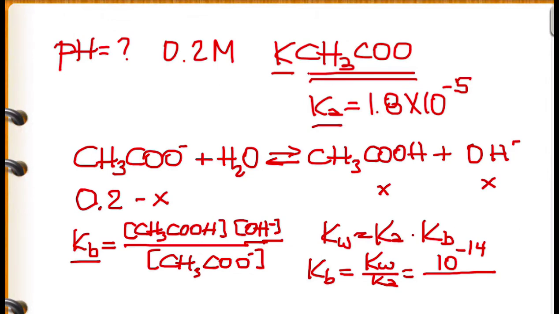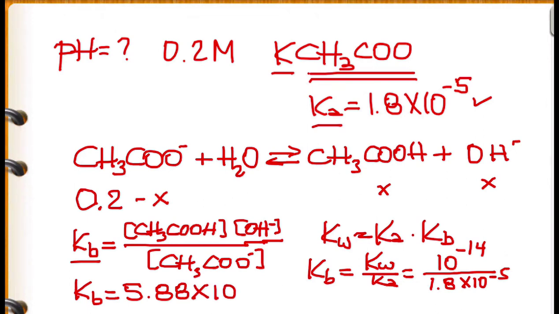And now we have 1.8 × 10^-5, that's this constant here, right? So then we have the Kb for this reaction. Let's calculate 10^-14 divided by 1.8 × 10^-5. Okay, so it gives us 5.88 or 5.9 × 10^-10. That's the Kb for acetate, okay?